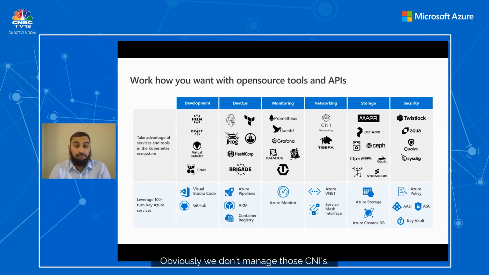Obviously, we don't manage those CNIs, but you can do that. And then if you want to associate with other open source tools for storage, for security, you are free to do that. We are tied to the upstream open source Kubernetes platform, and we follow them as much as possible. We don't have our own version.